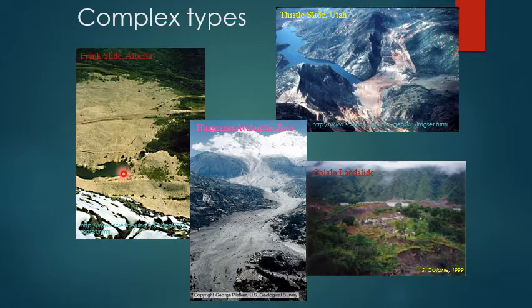Examples are the Frank slide, the Thistle slide in Utah, the Huascaran avalanche in Peru, and the Colon landslide in Mankayan. The Ginsaogan rock slide debris avalanche is another example of a complex landslide. Complex landslides are commonly those of large volume.